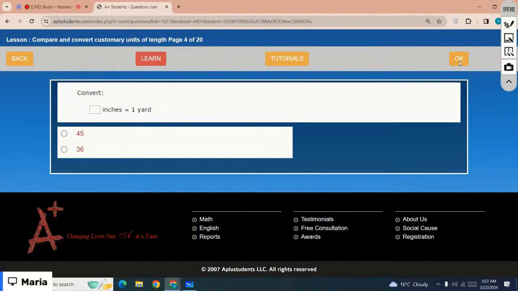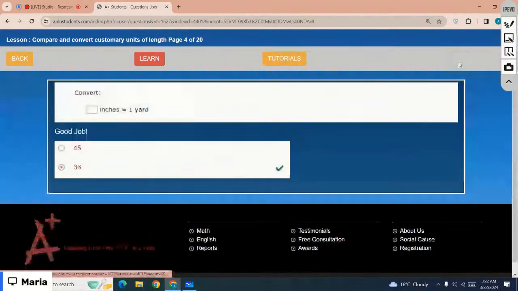The correct option is 36 inches. I have already told you these are the very basic units. You can note them down and try to remember them. 1 yard equals 36 inches.